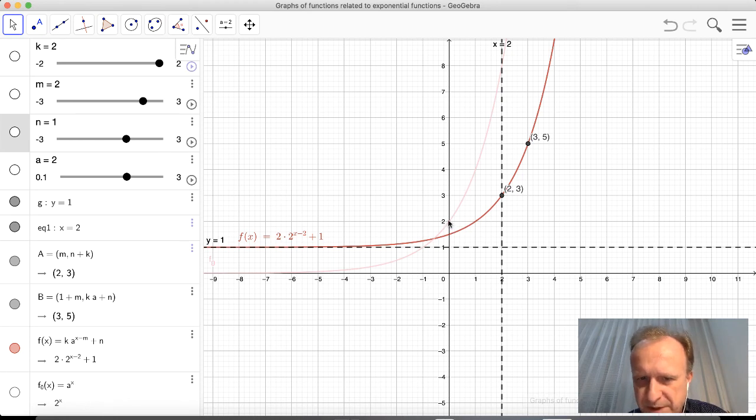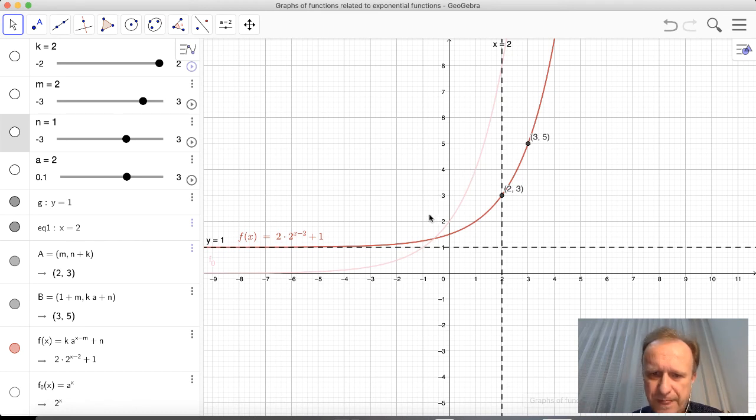So from this position it's shifted by 2 units to the right and 1 unit upwards. So m is 2 units to the right, n is 1 unit upwards. So this point is shifted here, and this point had its original position here on this original graph, and it's been shifted by 2 units to the right and 1 unit upwards as well.